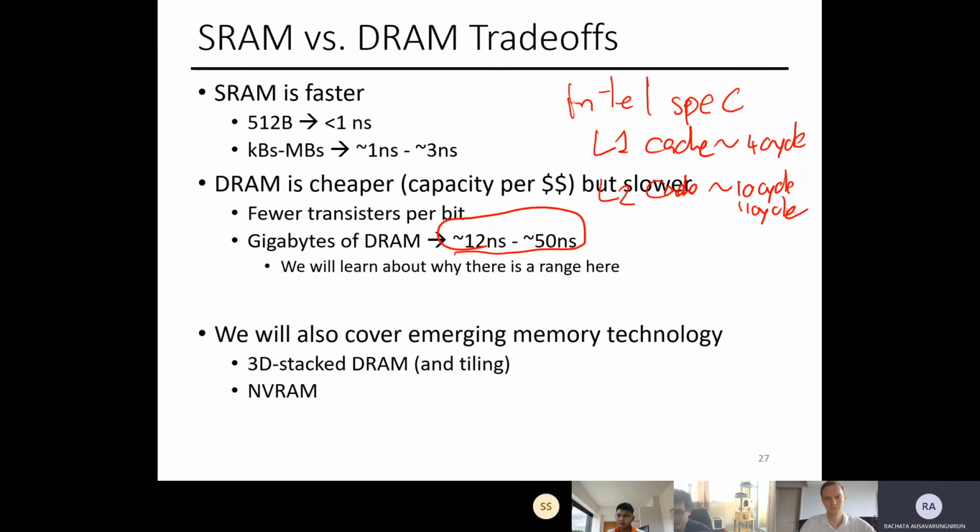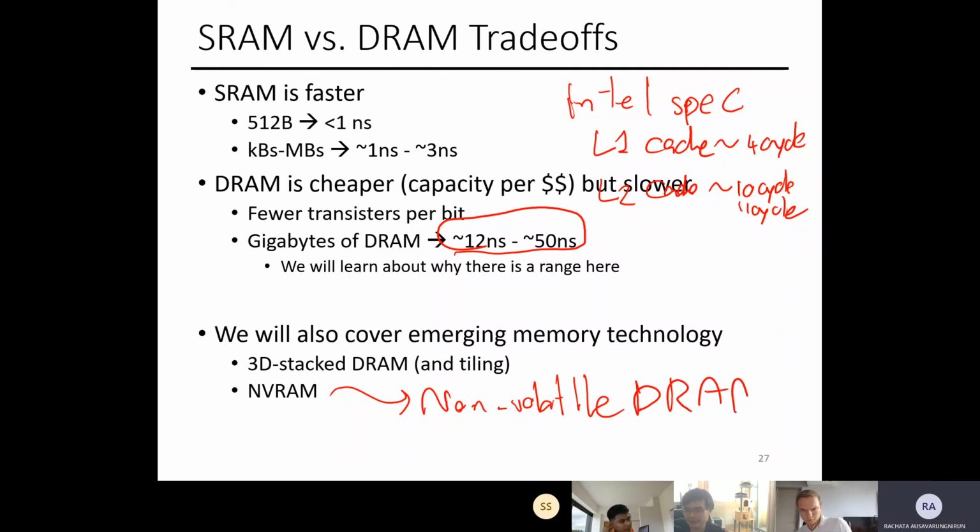And then we'll also cover this emerging memory technology, the third type, non-volatile memory. This is the memory that doesn't leak. It has a lot more capacity than DRAM, but it is slower.